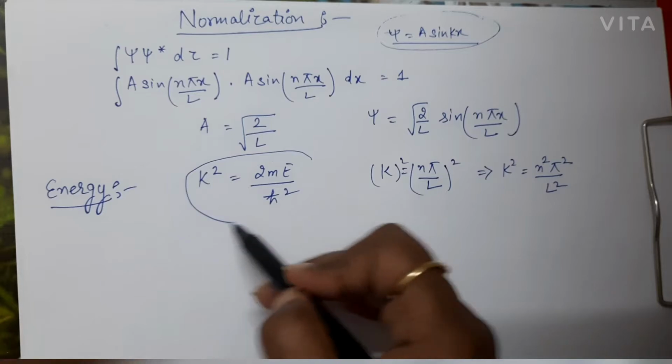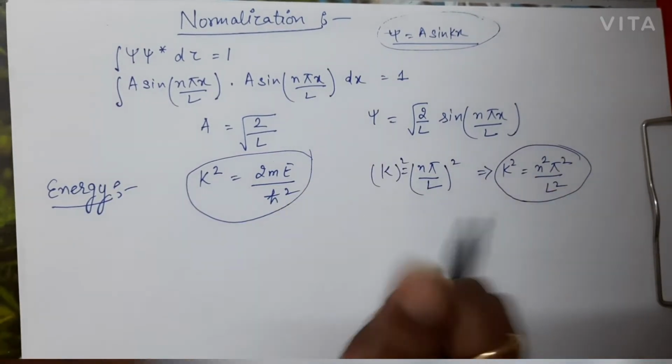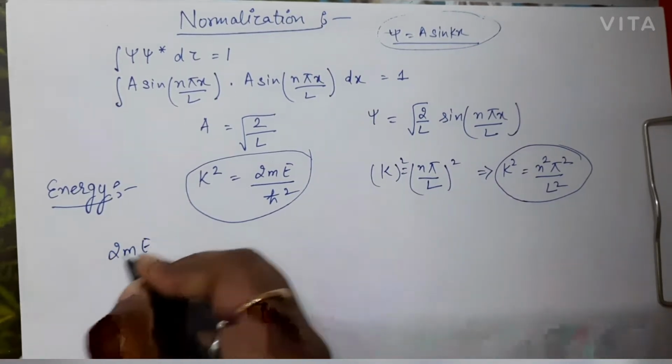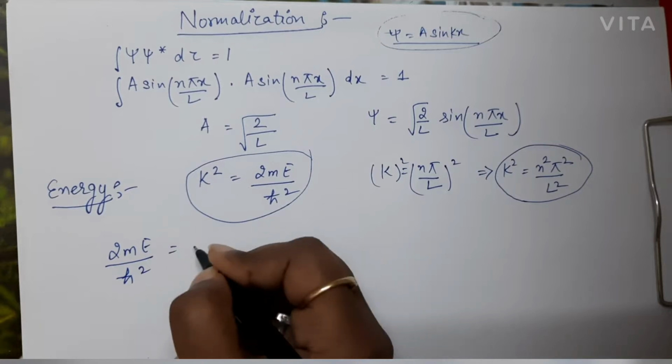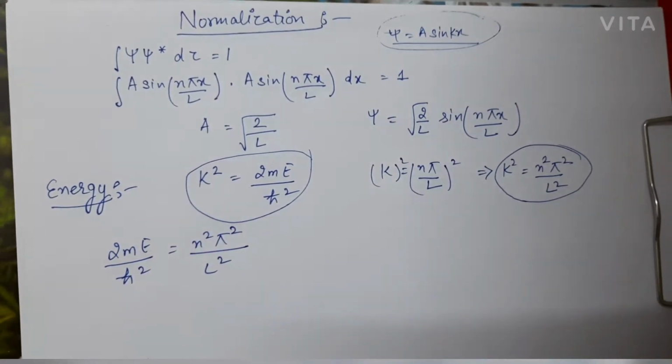Now equating these two equations, both equal to k square, they will be equal as well. So 2mE by h cross square equals n square pi square by L square.